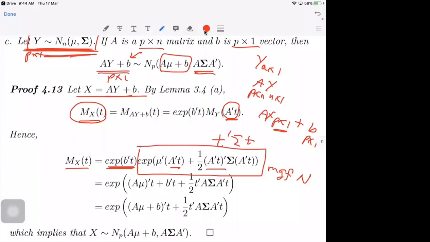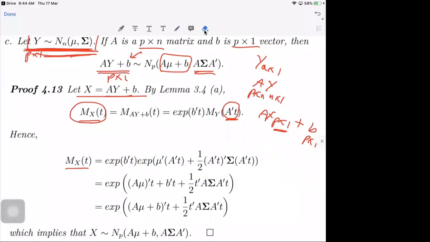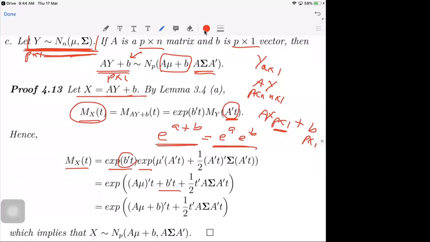And then, what happened here? So this is exponential of B prime t, and this is exponential. You can put it inside, since a times e to the b is just e to the a plus b. So originally, it is in this form. Okay? And then joining these two.